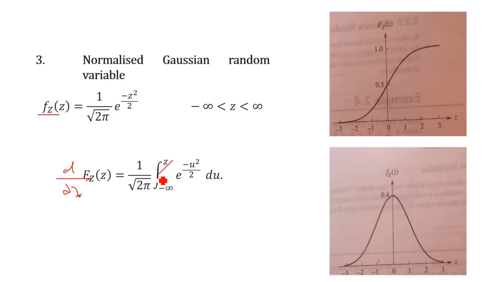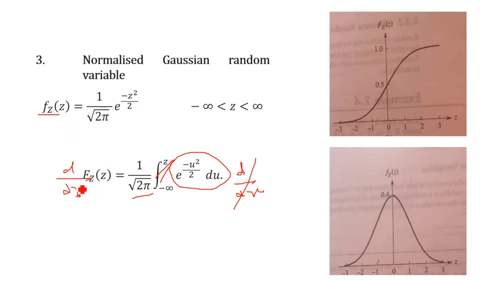Then the differentiation and integration will cancel. What will we get? Only the constant 1 by square root of 2 pi. Do not worry about z and u; only the variables are changed here, not the values.